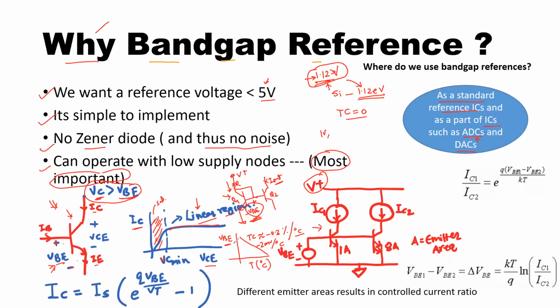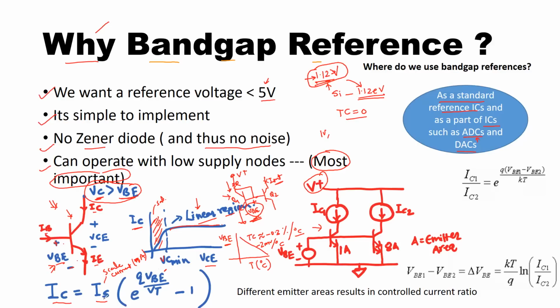So the idea is to generate another voltage which has a positive TC and then sum them together. Before we move to that step, we have a look at the collector current and the input voltage relationship in the BJT. This is the collector current IC that is given by IS, which is the scale current, usually in the range of nanoamperes, pretty small.